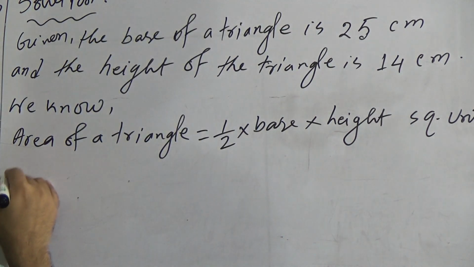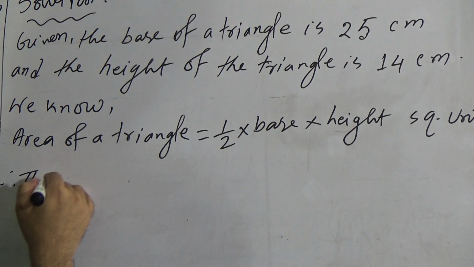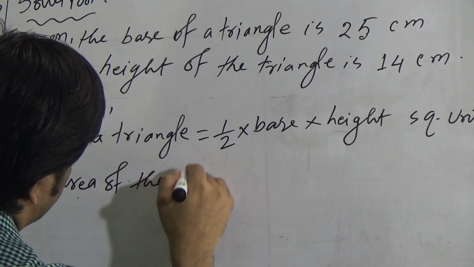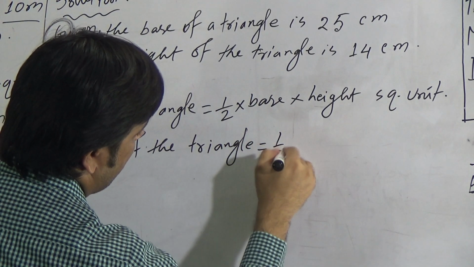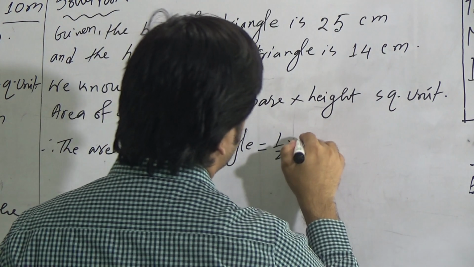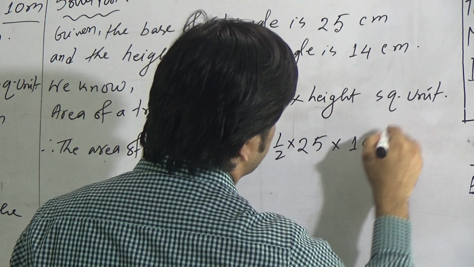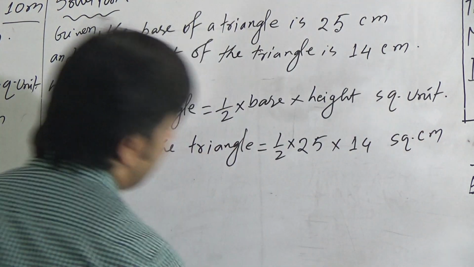So we can write therefore the area of the triangle is equal to half into base. Base means 25 centimeter and height means 14 centimeter. Their unit will be square centimeter. So we can write here now.